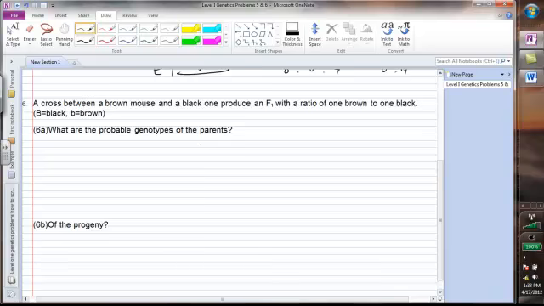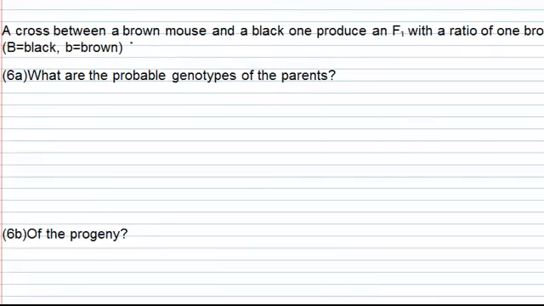All right, well, here's the thing. If we have a brown mouse, we know what the genotype is there. So our brown mouse, because that's, according to our key here, is recessive, our brown mouse must be homozygous recessive.